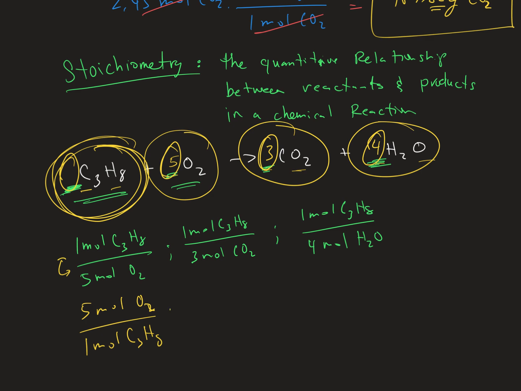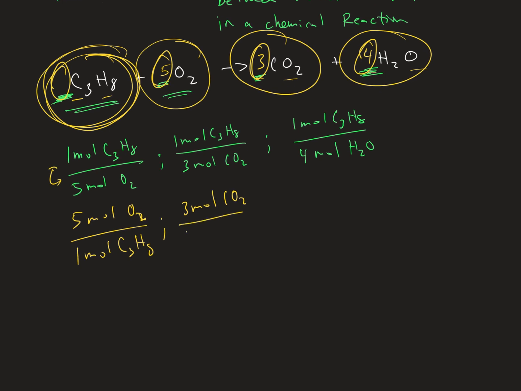We can flip this one when I get 3 moles of CO2 to every 1 mole of C3H8. And 4 moles of H2O to every 1 mole of C3H8. Are there other conversions? Between them, you put a semicolon. This is just a semicolon. Is that what you're asking? Just to separate them.